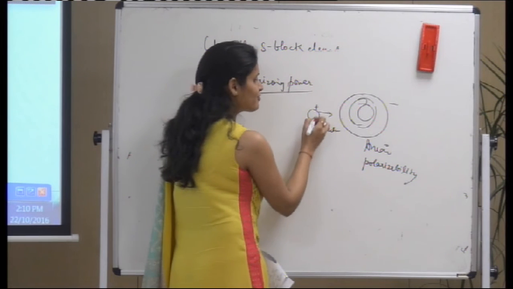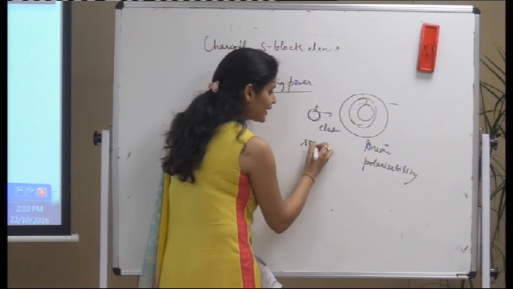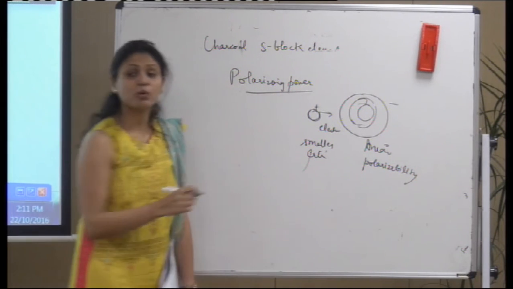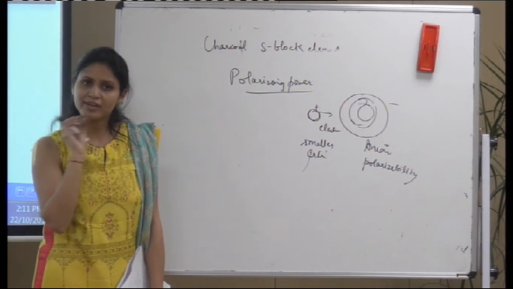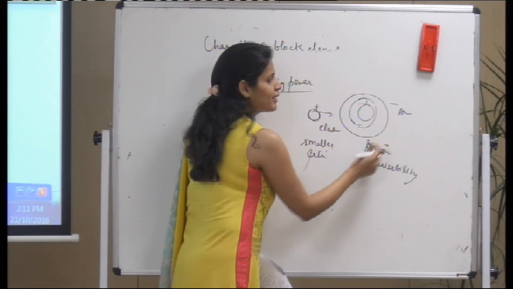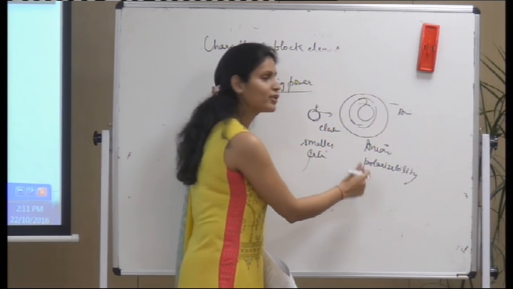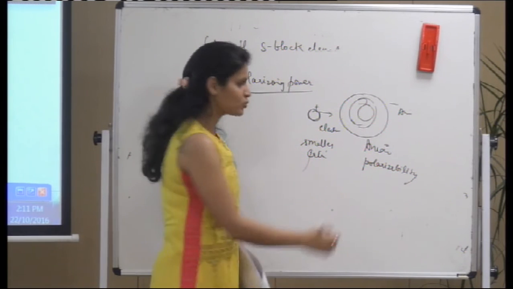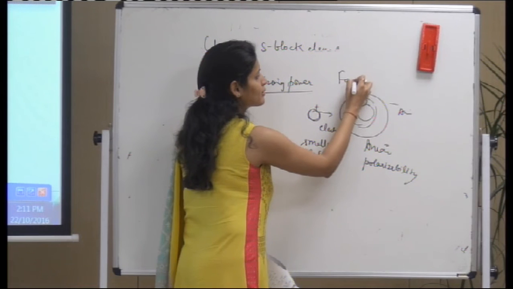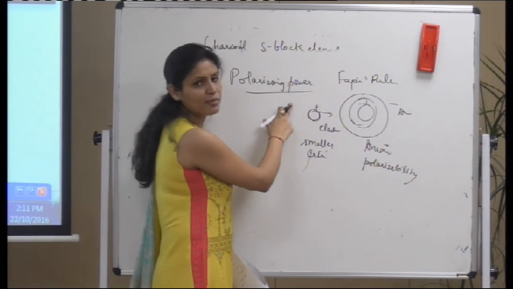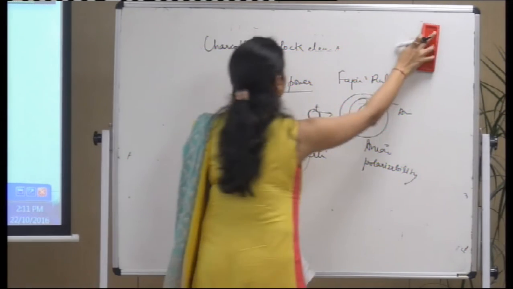So smaller the cation, larger is its polarizing power. It can polarize the electron cloud, and the larger the anion, the more easily it gets polarized. I would say the anion has a larger polarizability. This is what Fajan's rule is. This is again very important from the exam point of view.